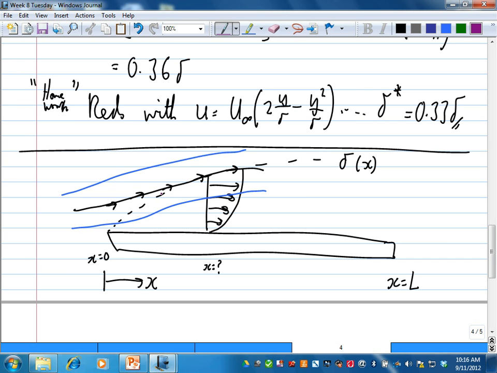If I were to draw a control volume between the plate and the streamline, and I call this distance h, I can apply 3 things which I already know. Number 1, what goes in here as uniform flow must come out here, conservation of mass.